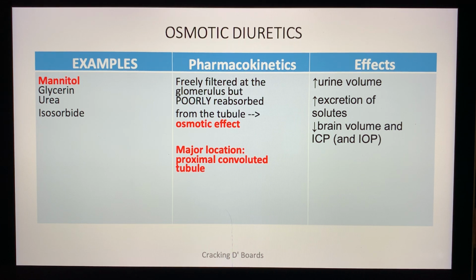Effects: increase in urine volume, increase in excretion of solutes, and of course, decrease in the brain volume, decrease in the intracranial pressure, and to some extent, decrease in the intraocular pressure. Now, rule of thumb, if you want to decrease the intraocular pressure, you give the acetazolamide instead, especially for glaucoma.